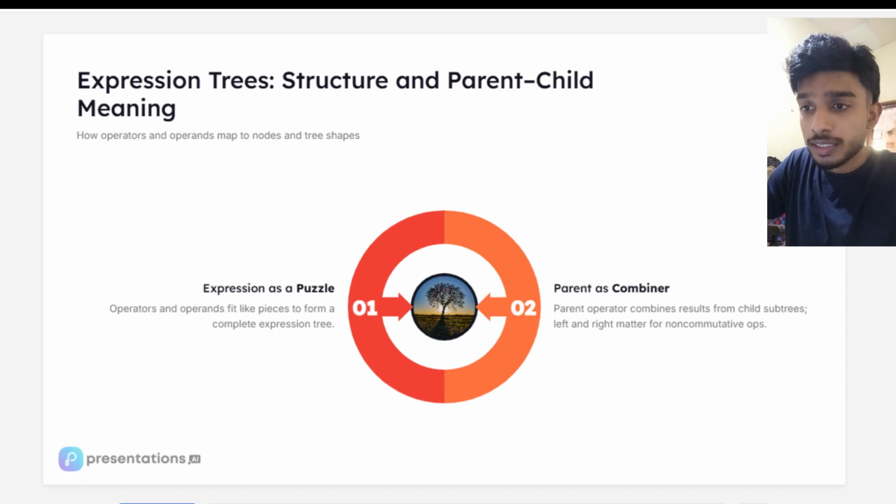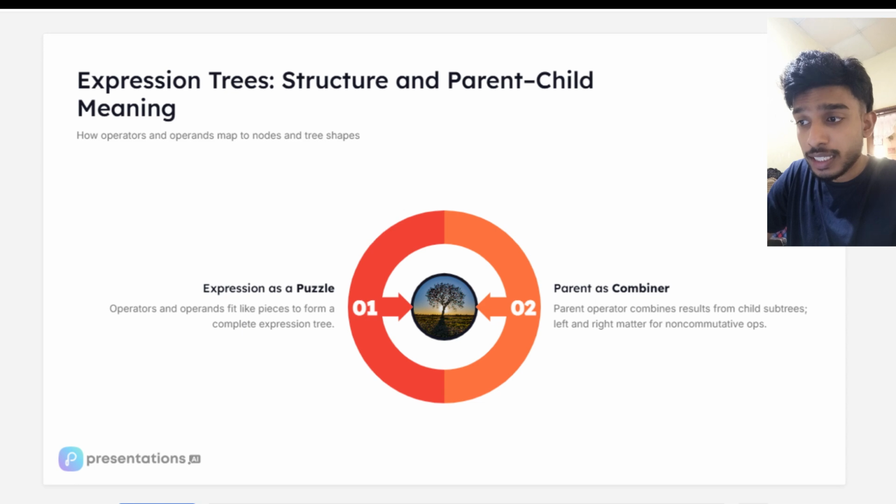Let's talk about the structure and parent-child meaning. So, how does this structure represent an expression? Think of it like a puzzle. The parent-child relationship has a very specific meaning. A parent node is a combiner. It waits for the results from its child subtrees, applies its operation, and passes the result up.